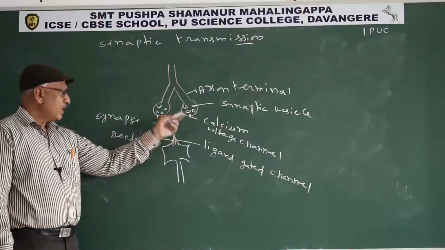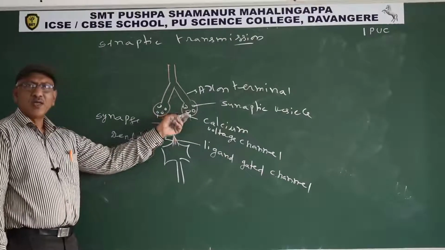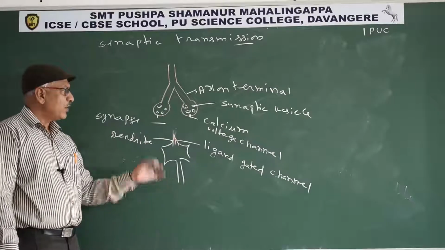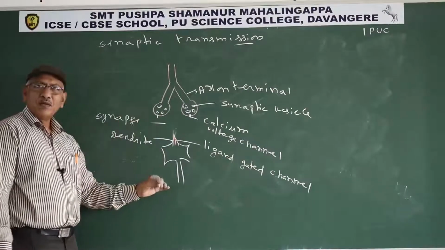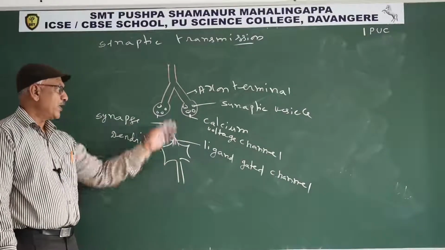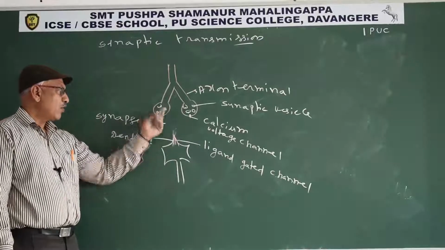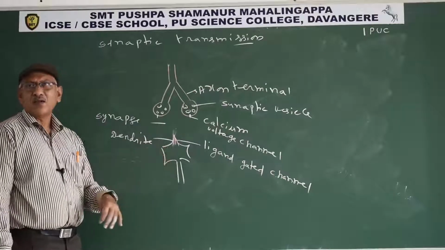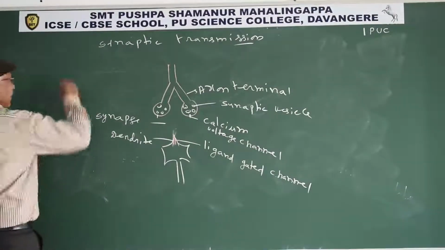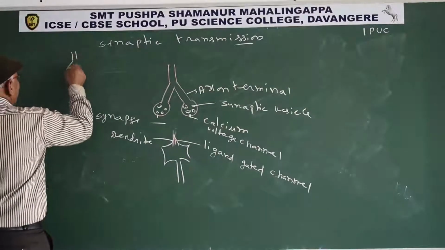Neurotransmitters are present in the synaptic vesicles only. So in dendrites there is no neurotransmitter. So in chemical synaptic transmission, information is always transmitted from axon terminals of one neuron to dendrites of another neuron, unidirectional.